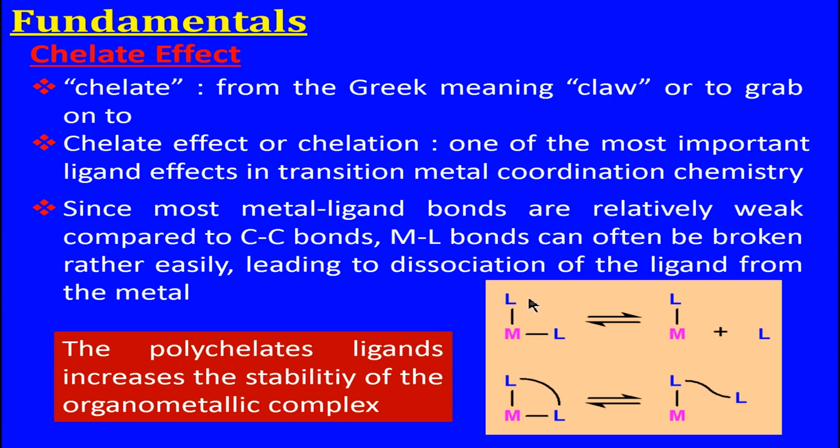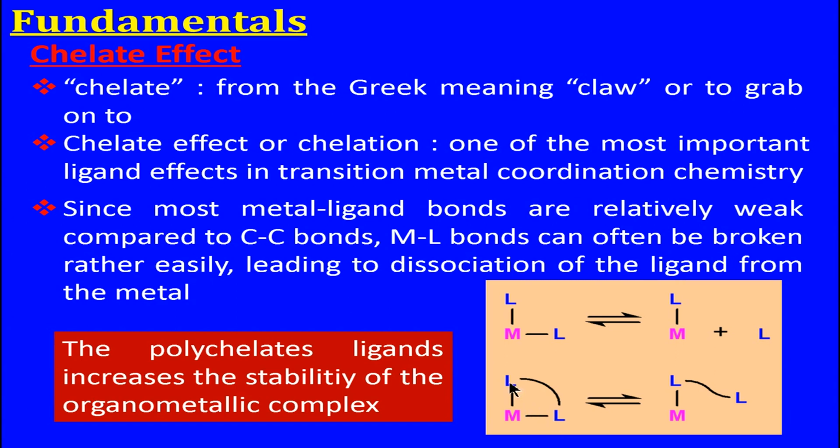This is a monodentate ligand. L is monodentate. It binds to M by one dentate. So ML can dissociate a ligand L easily to give M plus L. We will study this in detail after.